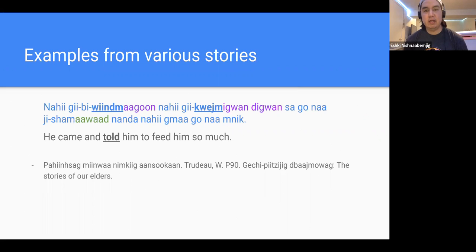Na'i Gikwejimagun. So the speaker first said he came and told him, and then he changed it to he asked him, and then Diguan, which is Dagun, but it's written as Diguan in this book. So Sogana Jishamawa and Na'i Gama Gana Manik.